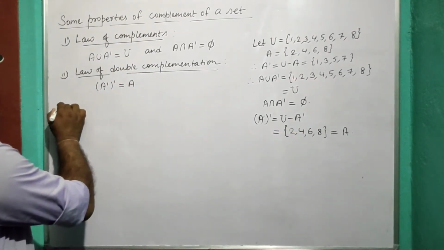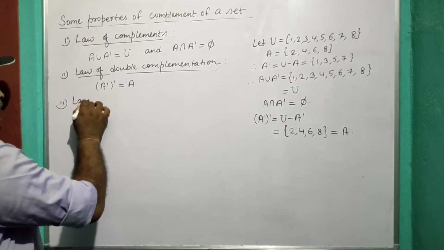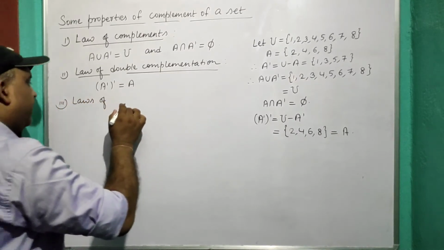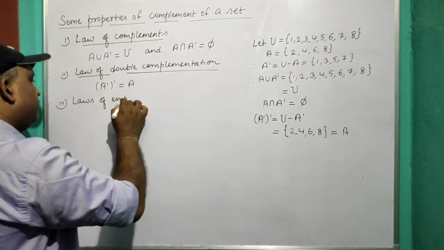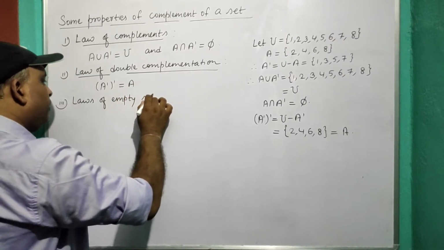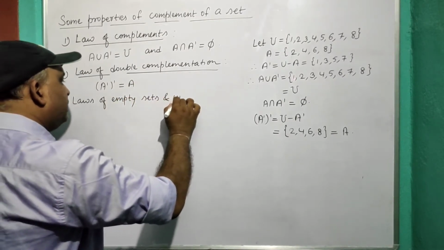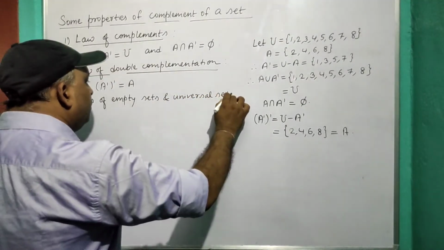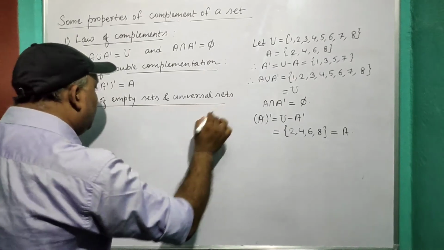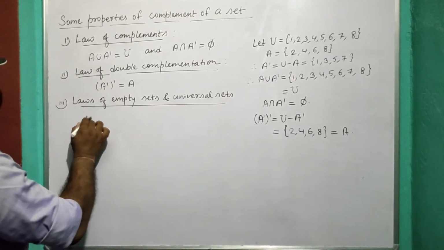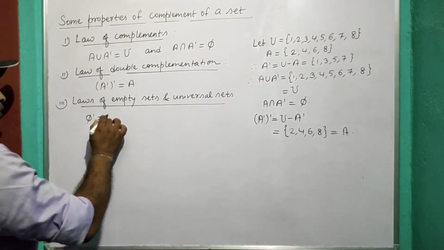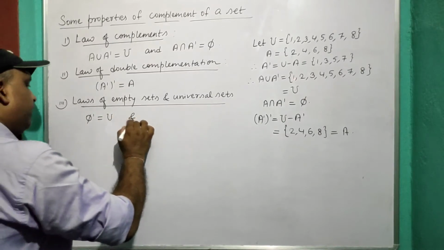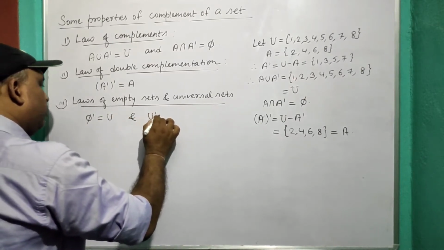Third one, that is laws of empty sets and universal sets. Now in this we write that phi dash equal to U and U dash equal to phi.